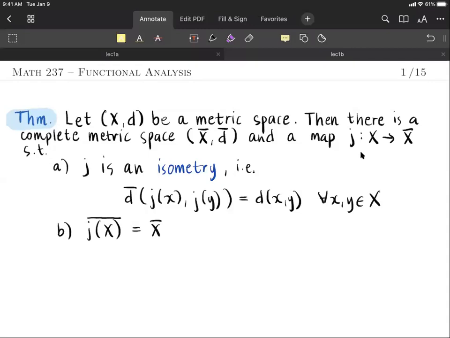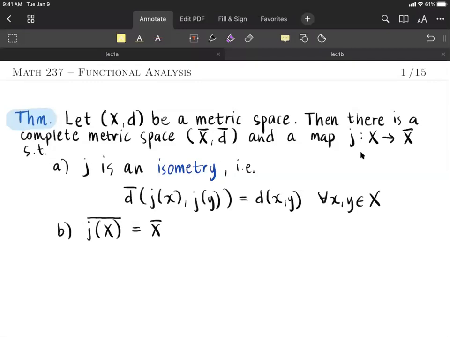So what if a metric space is not complete? Can we enlarge that metric space in order for it to be complete? This is in fact the content of the following theorem, and it also gives how to construct the completion when we look at the proof later.